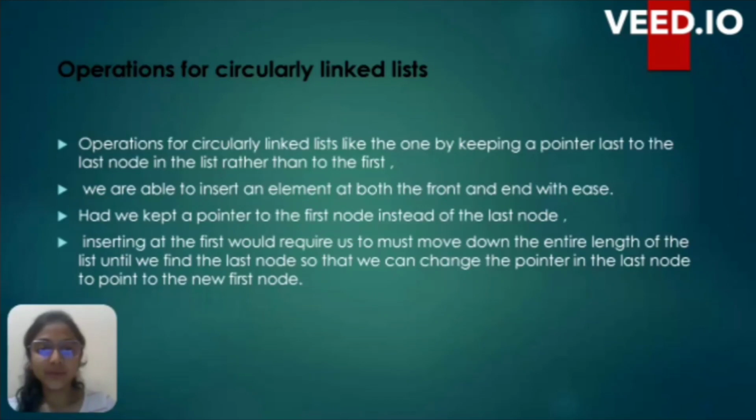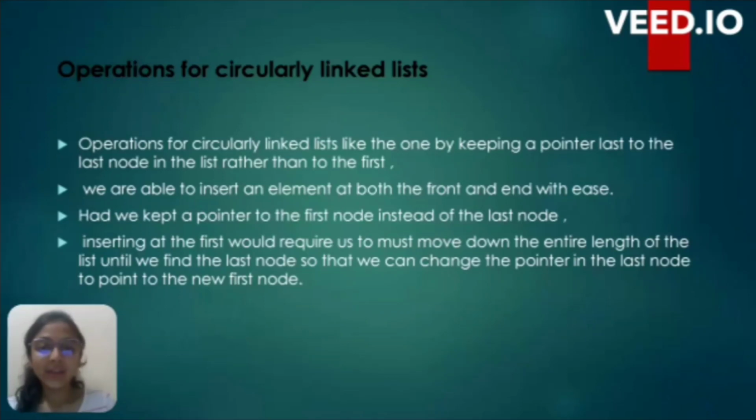Operations for circularly linked list. By keeping a pointer last to the last node in the list rather than to the first, we are able to insert an element at both the front and the end with ease.